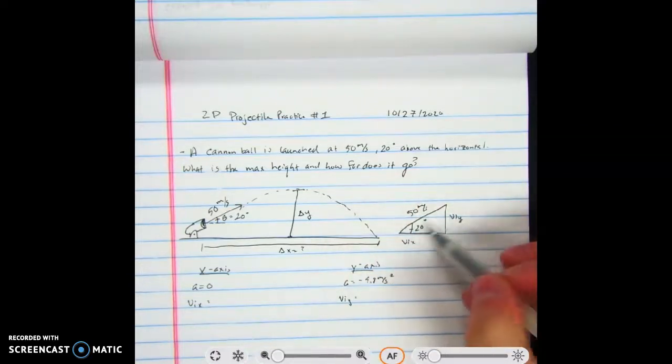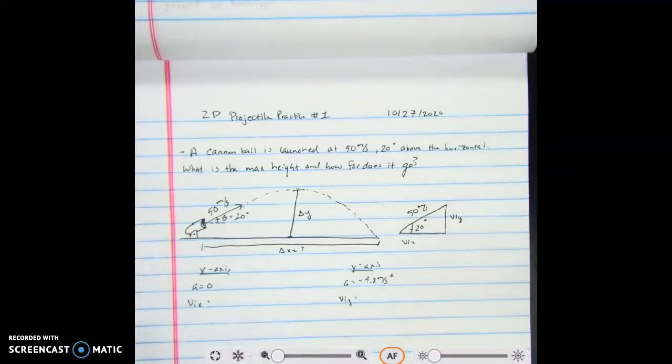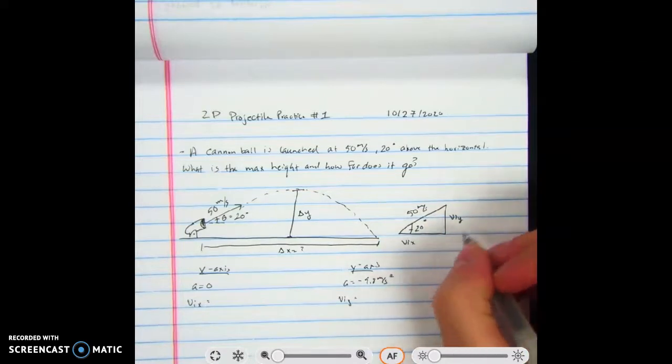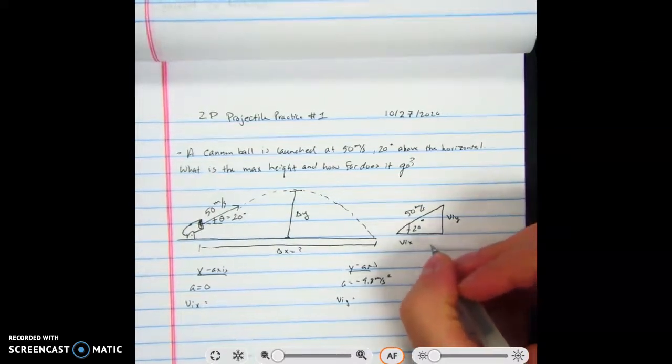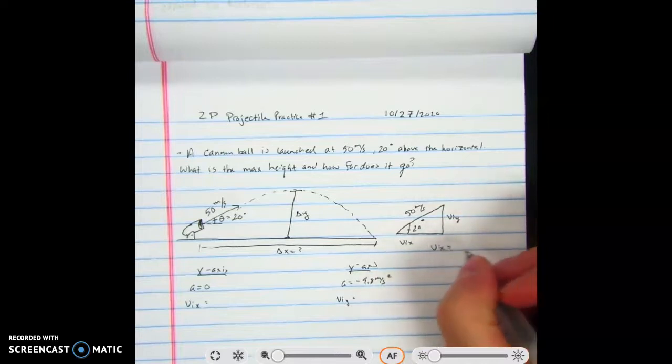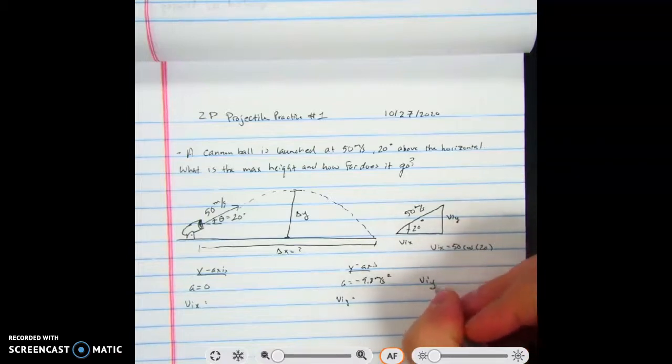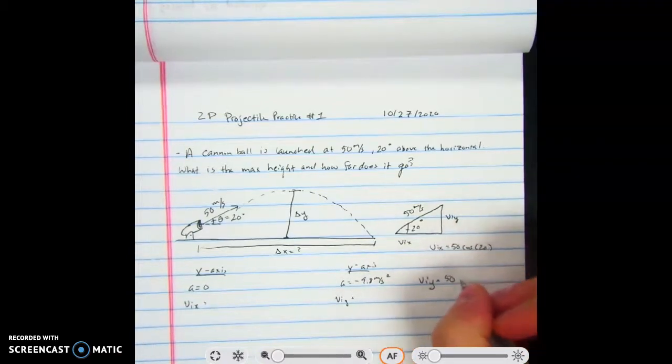So, hypotenuse 50, angle 20, v initial x, v initial y. So now we just got to use our SOHCAHTOA. Okay. I'm going to skip some steps and basically end up with this. V initial x is equal to 50 cosine of 20. V initial y is equal to 50 sine of 20.